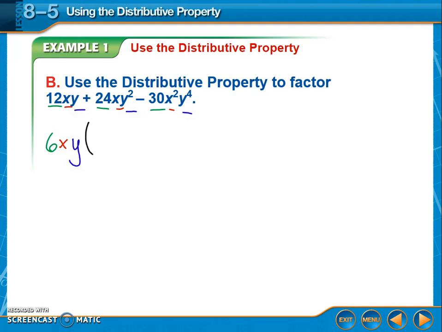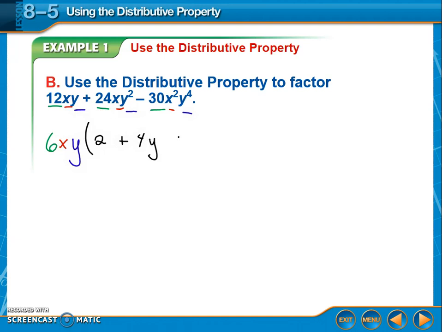So I'm going to do 12xy divided by 6xy, and I get 2. 2 is left. Or I can think of it as 6xy times what gives me 12xy, and that's times 2. Then, 6xy times what gives me 24xy squared? 6 times 4 gives me the 24. x times 1 is just x, that's okay. And y times what gives me y squared?